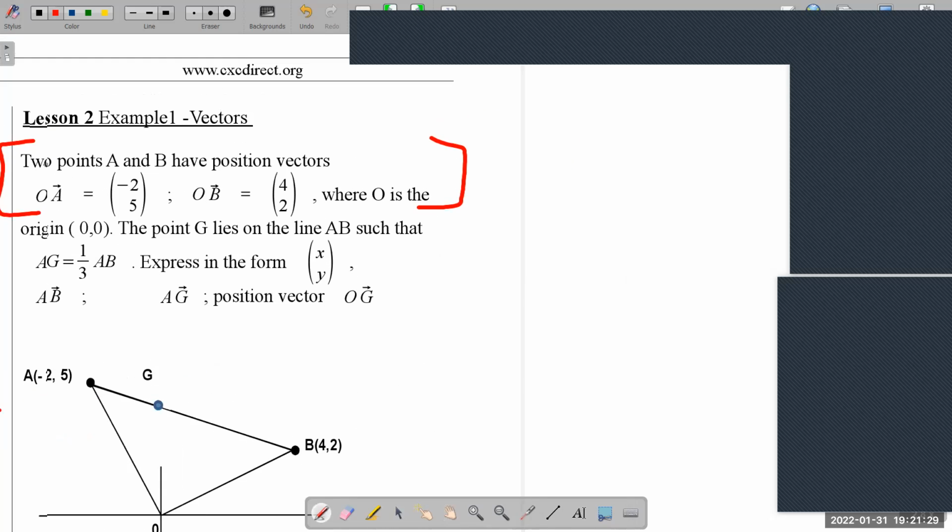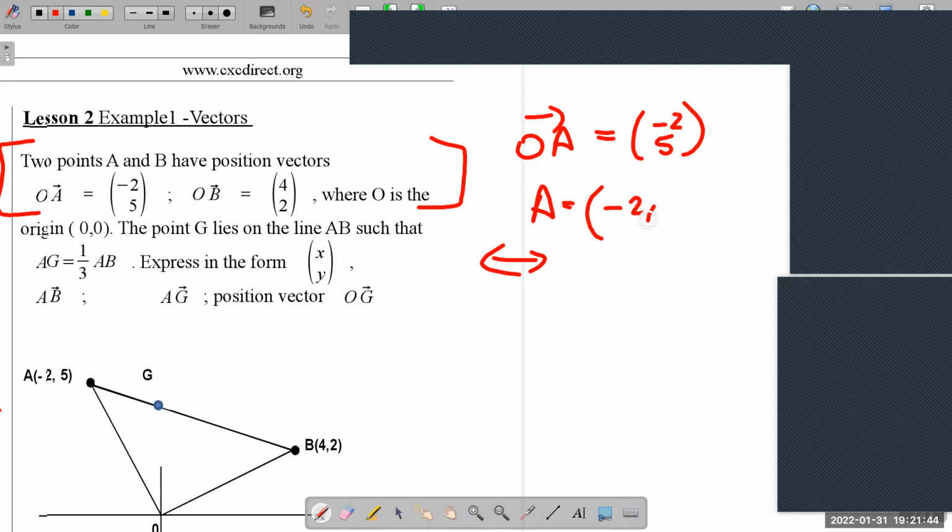All you need to do is write it in the horizontal version. Everybody with me? So if they give you the position vector OA, if OA is (-2, 5), what is point A? What's the coordinates of point A? (-2, 5). Remember that? We spoke about it before. Similarly, what would be point B, guys?